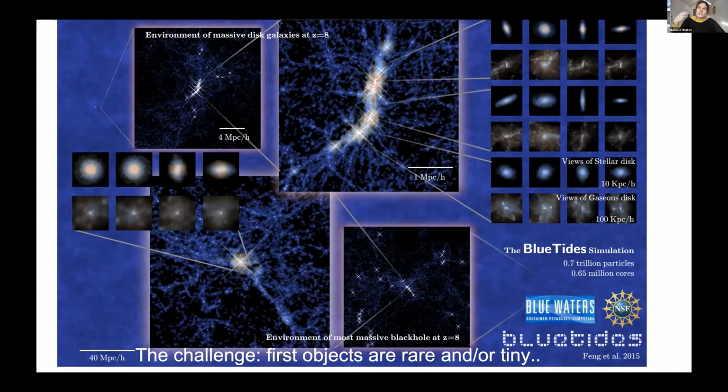The development of extremely large volume simulations, large volumes that are sufficient for us to actually capture more than just one or two of these objects, but a statistical sample consistent, of course, with what observations have been telling us: that quasars are roughly found at redshift 6 and above. They're rare, roughly 1 per gigaparsec volume, very roughly speaking.